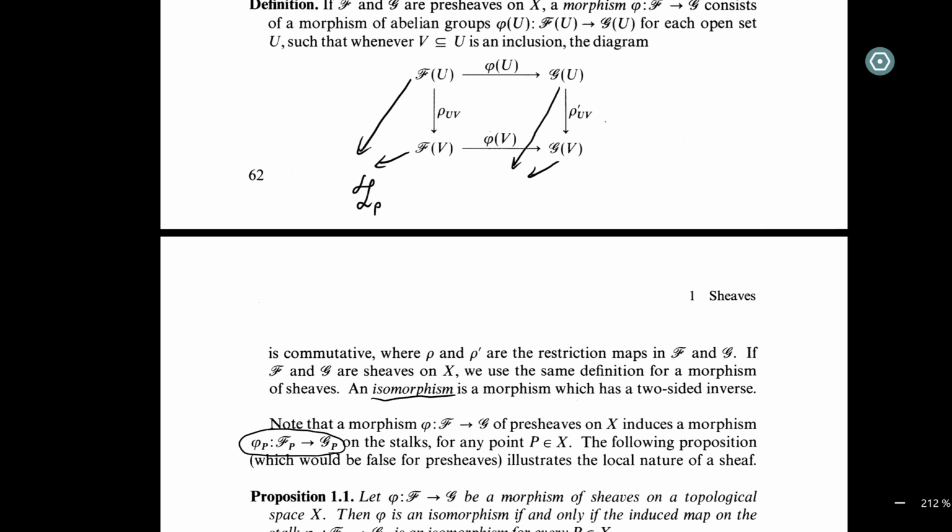Now those map into G_P, and thence all those F through those morphisms map into G_P, making it commutative.